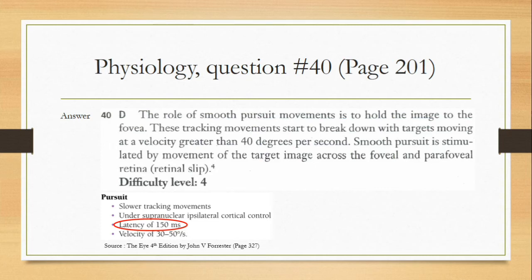So the choice D should be accurate, meaning that it's not the right answer since the question asks which statement is inaccurate. So I think that in this particular question there's no answer because all of the 4 statements are accurate.